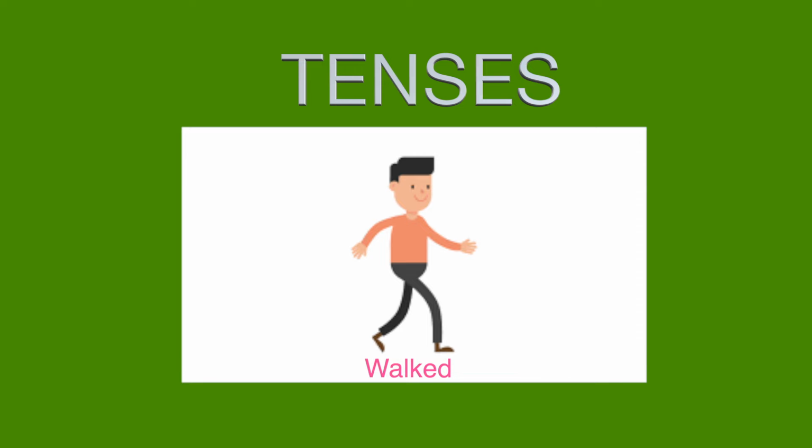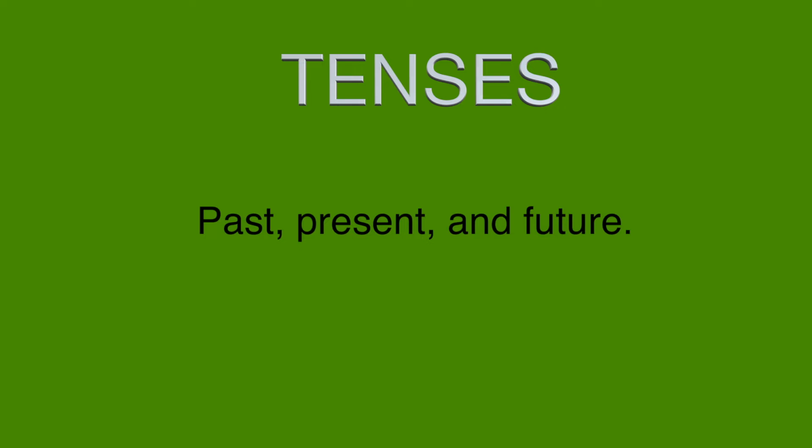Eugene walked to school, an action that happened in the past. Eugene will walk to school, an action that will happen in the future. Having said that, we will be looking at the different types of the past, present and future tense in the next section.